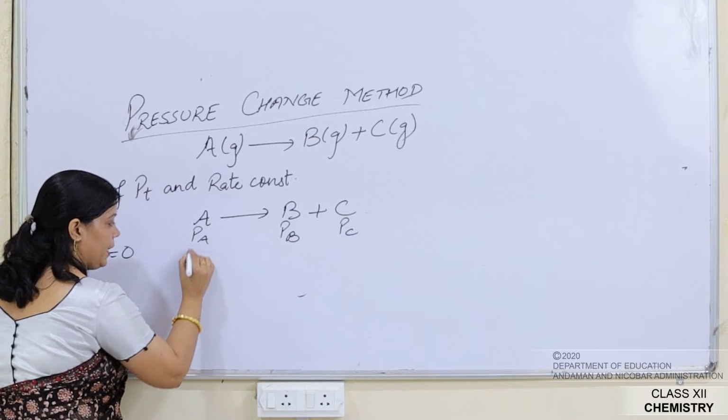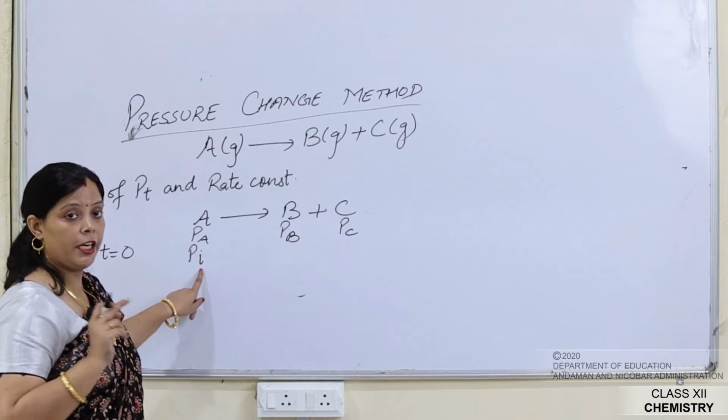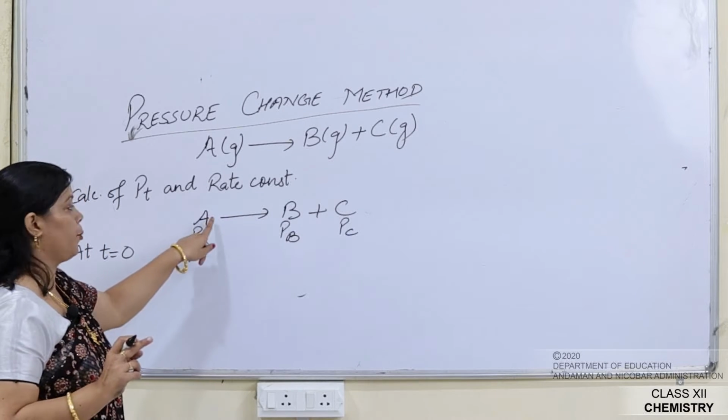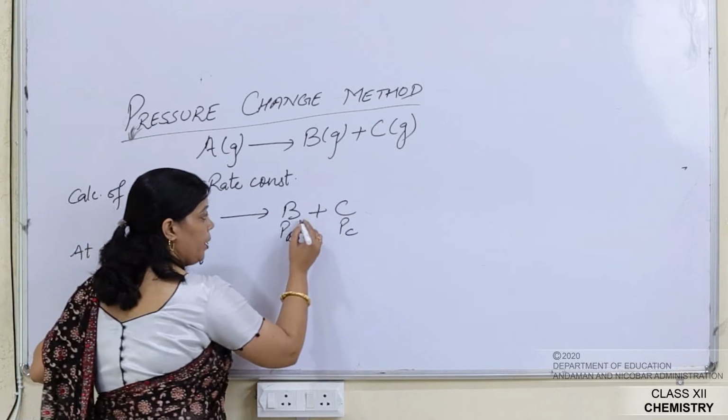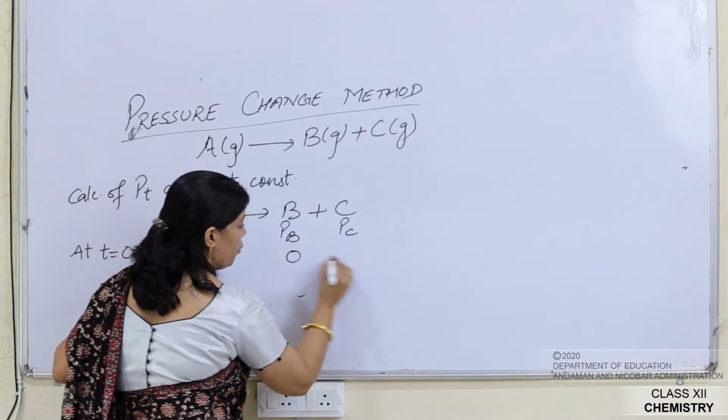The value of PA is Pi, the initial pressure, which is only due to component A, and components B and C are not formed at t = 0, so it is 0 atmosphere.